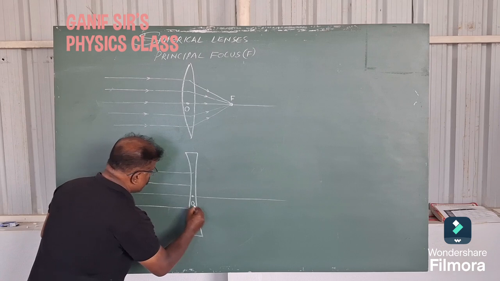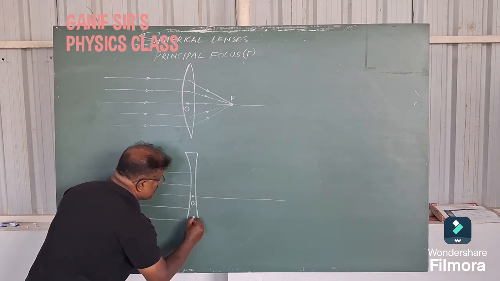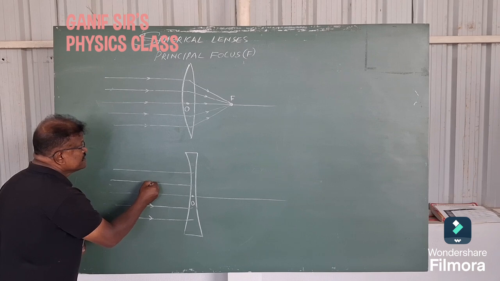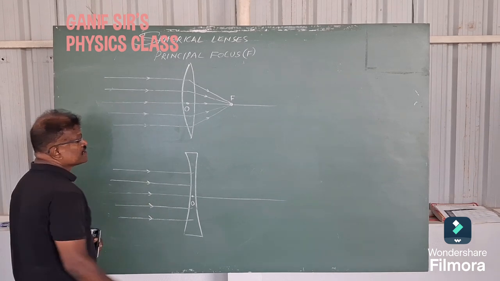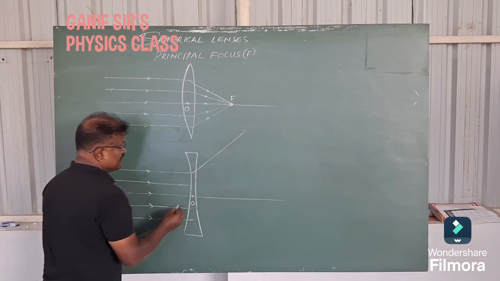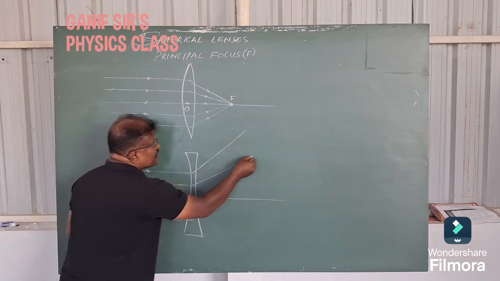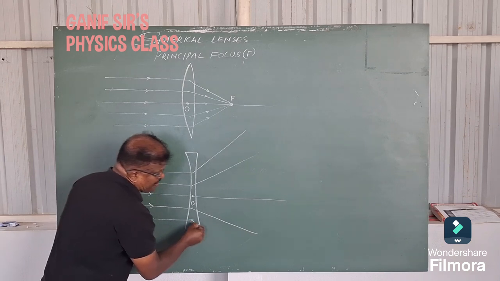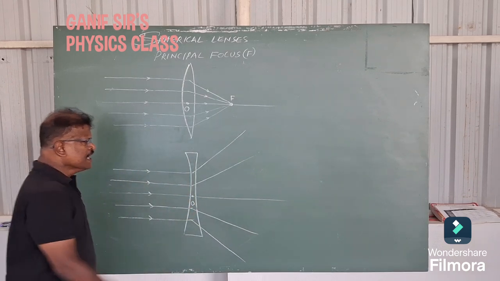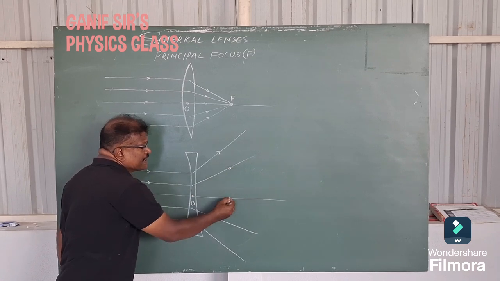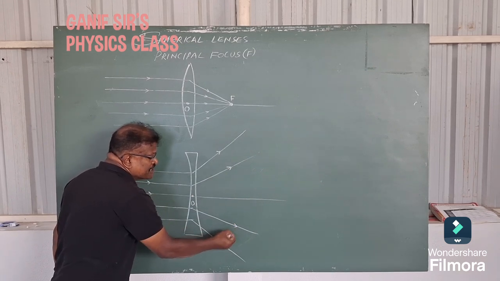I am drawing this so that all the rays are parallel to the principal axis, and after refraction they diverge. They don't actually meet at a single point on the principal axis.